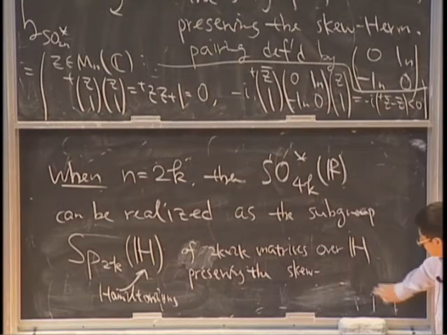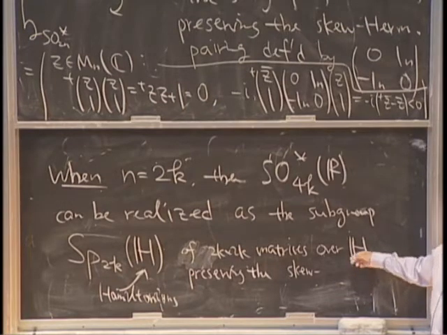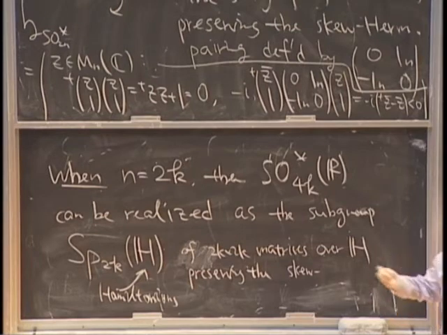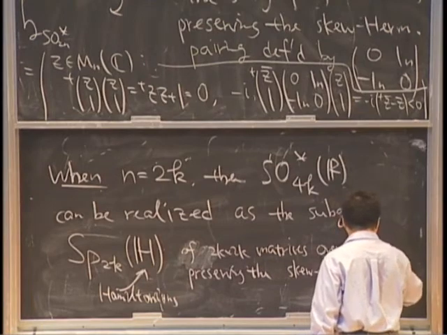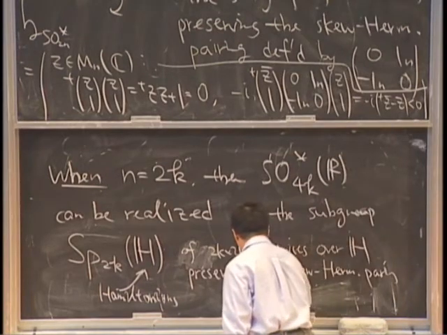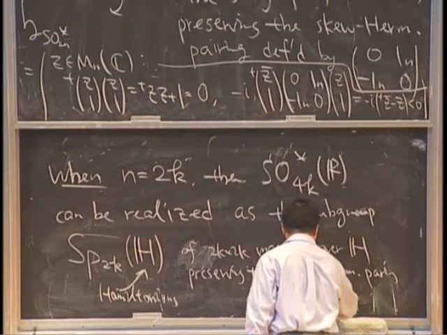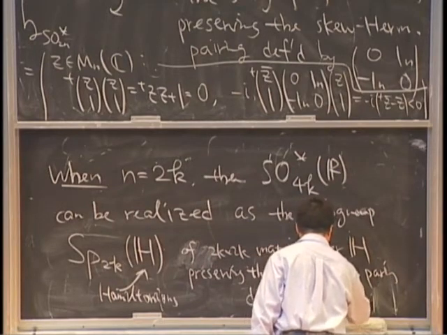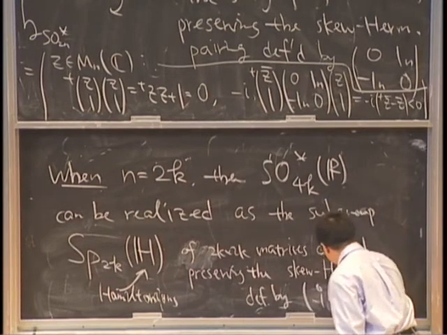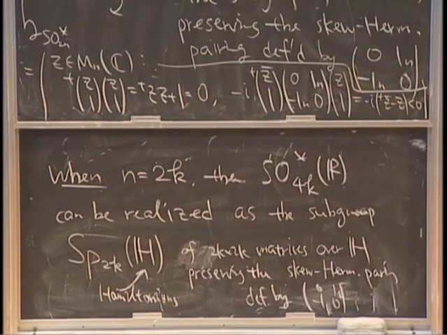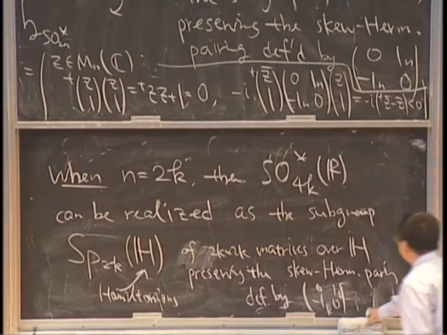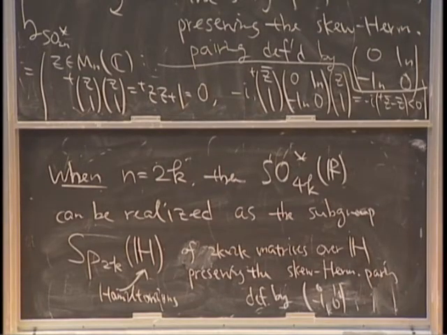So you can talk about complex conjugation on this H, which is not exactly the complex conjugation, but this Hamiltonian kind of involution, sending i to minus i, j to minus j, and so on. So the skew Hermitian pairing defined by 0, 1, minus 1, 0 with, sorry, k entries there. And you shouldn't be surprised that in this case, the domain, again, has an expression in terms of imaginary parts of some compactification.